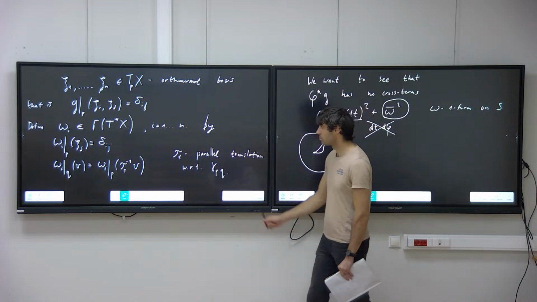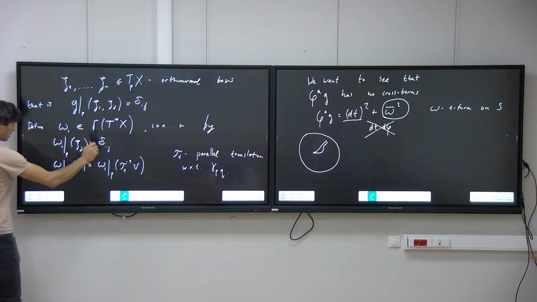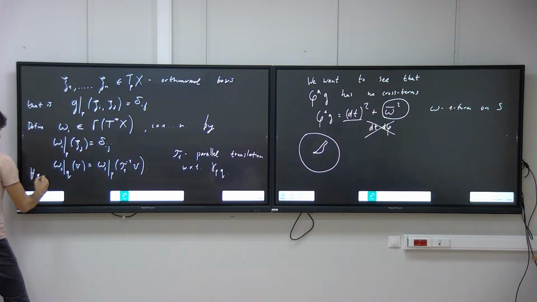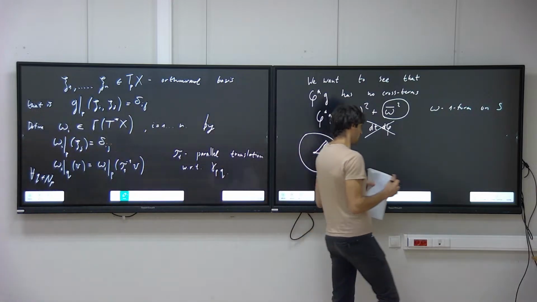So I'm defining the omega_i's as a dual basis at point P, and then any other value at any Q from P, I define using parallel translation. Okay.